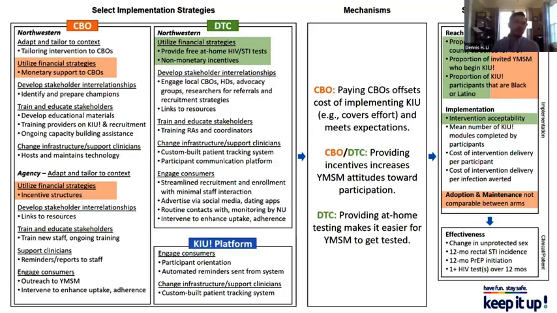In the direct-to-consumer arm, the HIV test and STI test kits are shipped to them free, and that's an incentive. And we're also using non-monetary incentives. But the testing kits, we hypothesize, make testing easier, and therefore the relevance to Keep It Up easier for the YMSM, therefore increasing reach to those populations.